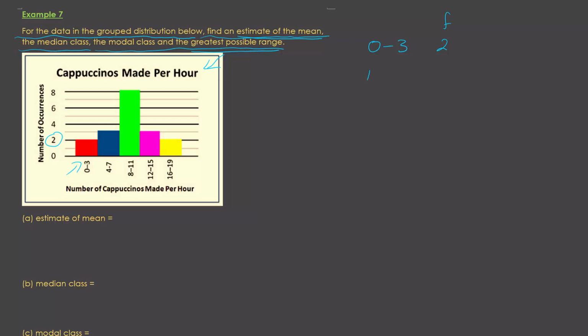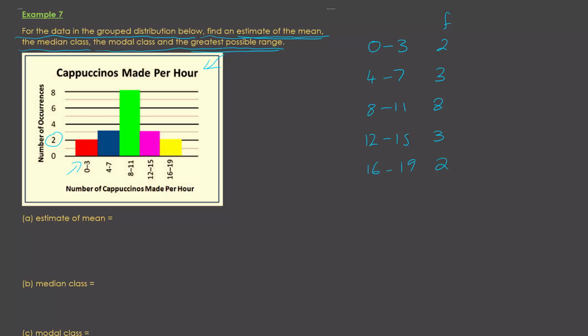And then we've got 4 to 7, and we can see that that's going to be 3 pieces of data in there. 8 to 11, well, there's 8 pieces of data in there. 12 to 15, there are 3 pieces of data there. And 16 to 19, there are 2 pieces of data there.